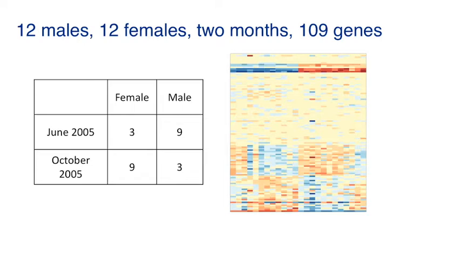These genes go up in June. 9 and 3. And where's October? Here's October. And in these genes, it flips. These genes don't like June. They're off in June and on in October.